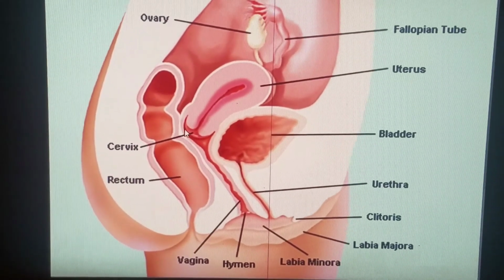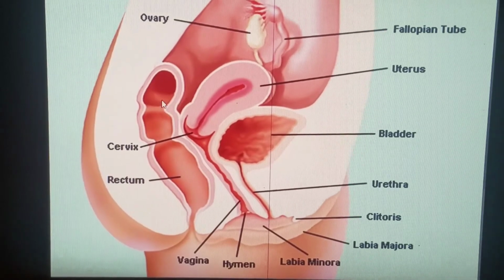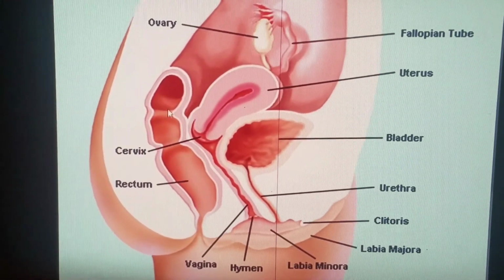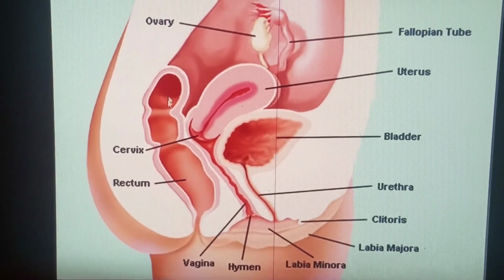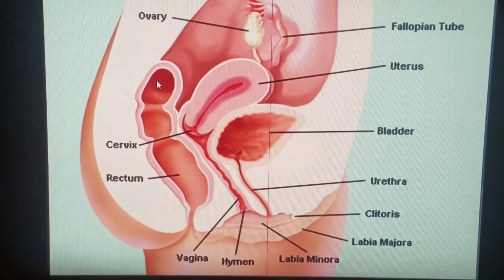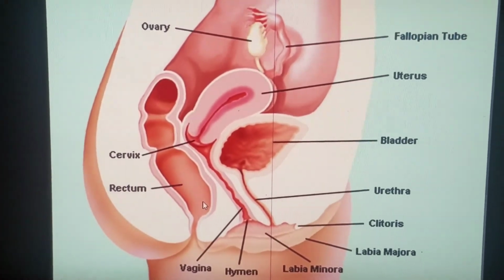Here we have the cervix, which is known as the neck of the womb. We have the rectum, which is a part of the alimentary canal, which forms part of the digestive system. It is highlighted here. It does not form part of the reproductive system, but I will just still point it out because it is on the diagram.